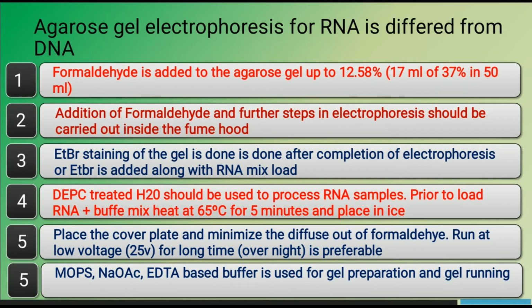And ethidium bromide staining of the gel is done after completion of the electrophoresis, or the ethidium bromide is added along with the RNA loading mix and the electrophoresis is performed. And in most cases the distilled water is treated with diethyl pyrocarbonate, which is a well-known RNase inhibitor.